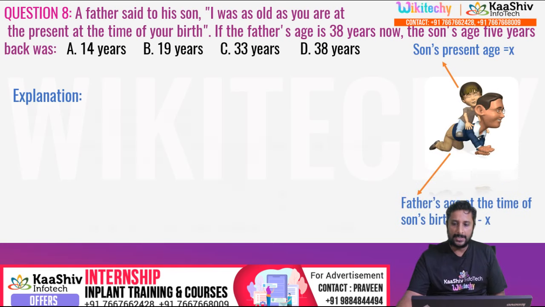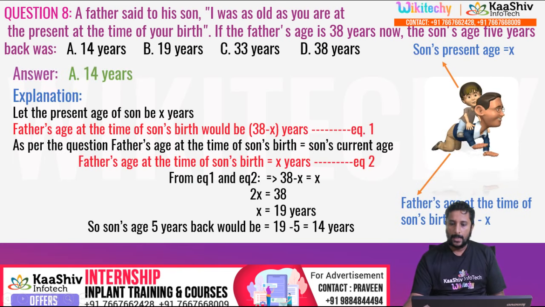My son's present age is X. My father's age at the time of the son's birth is 38 minus X. The father's age at the time of the son's birth is X years, so both are the same.